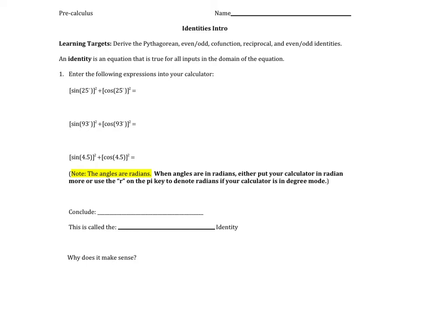Notice that this third expression, sine of 4.5 squared plus cosine 4.5 squared, the angle here is in radians. In order to enter it in radians, you need to put your calculator in radian mode, or alternatively, you can enter the value and then put a little r after it. And I'm going to explain how to do that.